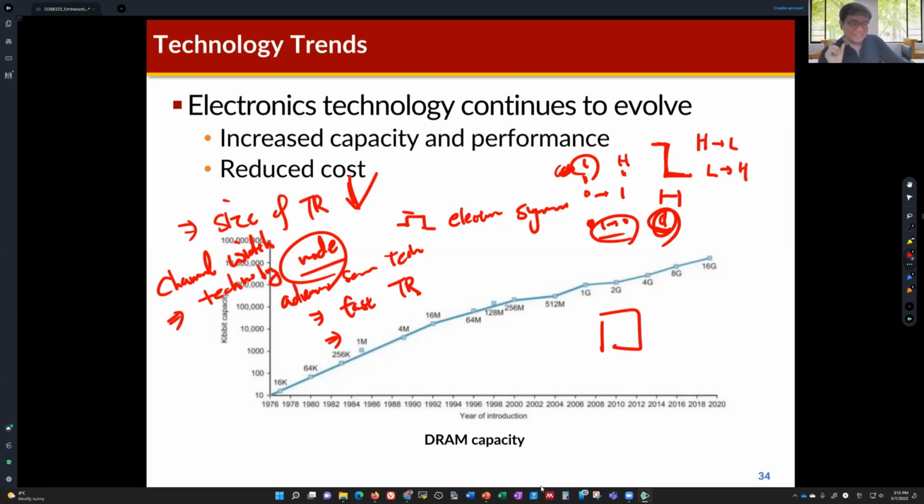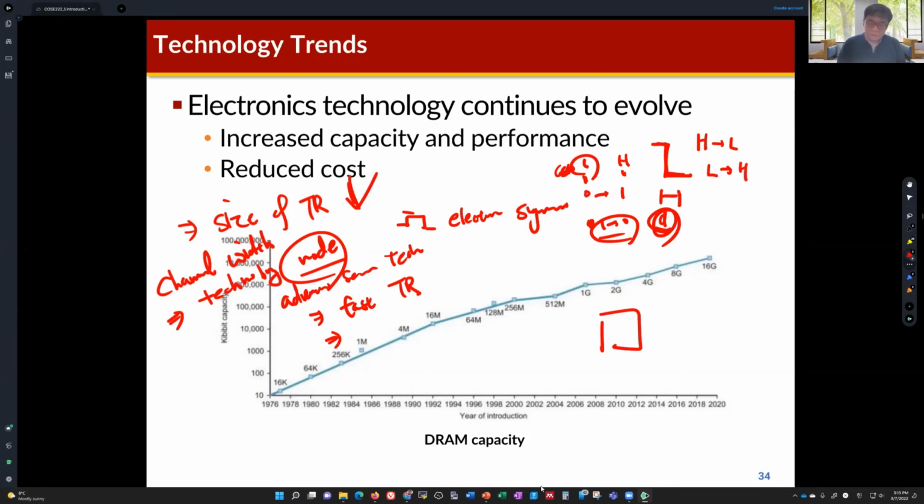So the technology node means the width of the CMOS transistor. That means if this number is decreased, then the size of a transistor is also reduced. And as I said, if we can use the smaller transistor, then we can build better processors, that means faster processors.